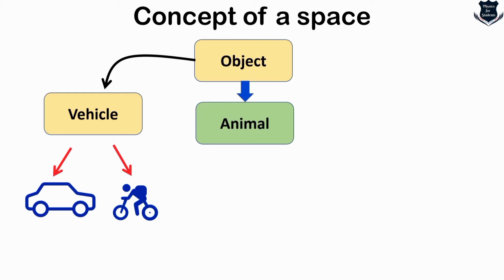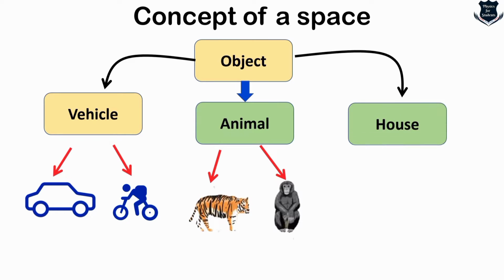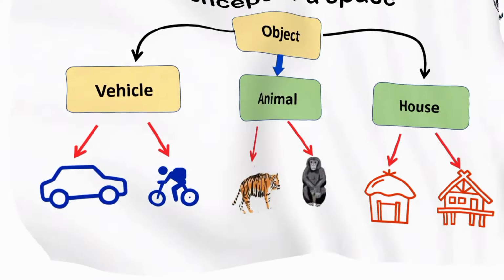And again we have an animal object, which has subclasses like monkey, tiger and so on. And then we have a house which has a bungalow and then a hut. One thing we have to be very clear about is that this hut and the bungalow and the car and the monkey and the tiger actually inherit the property either of the house or of the animal or of the vehicle. That means it inherits the basic class and then the subclass and so on, going back to the main object.